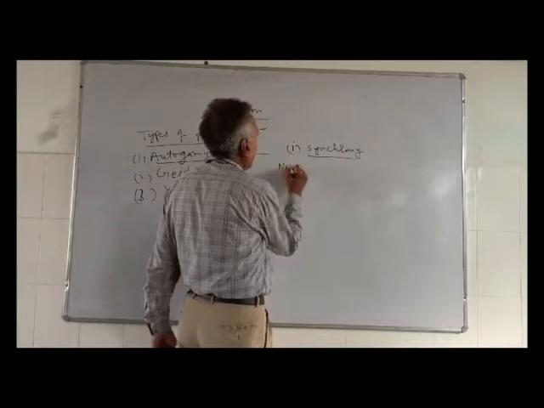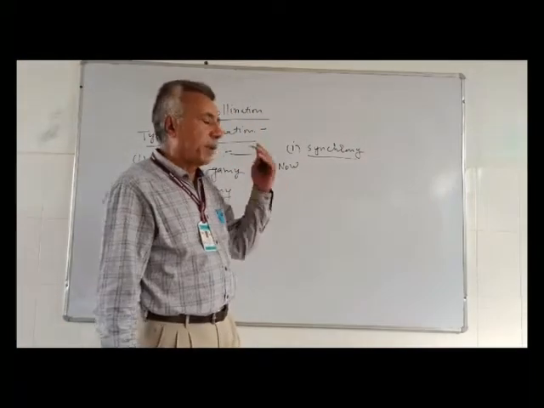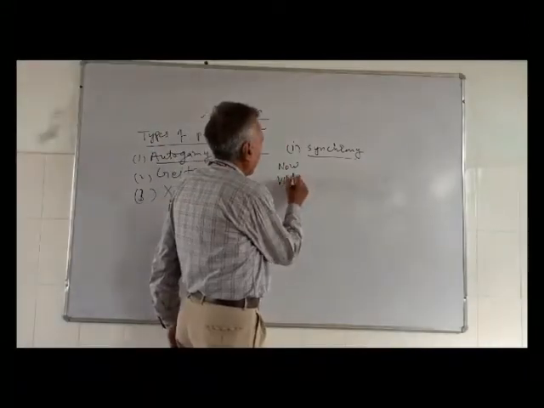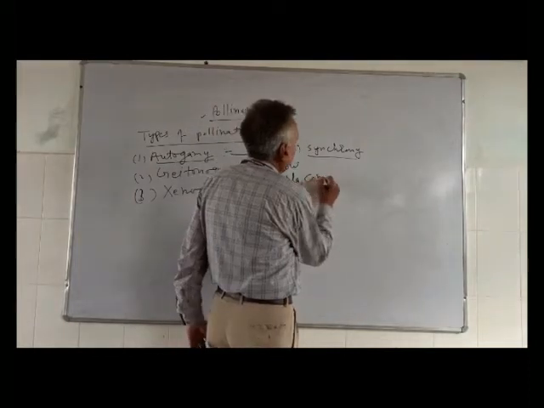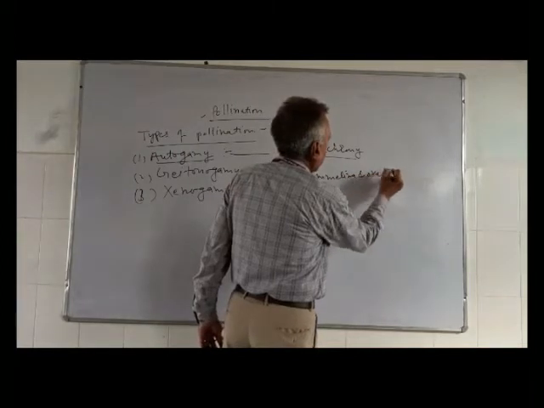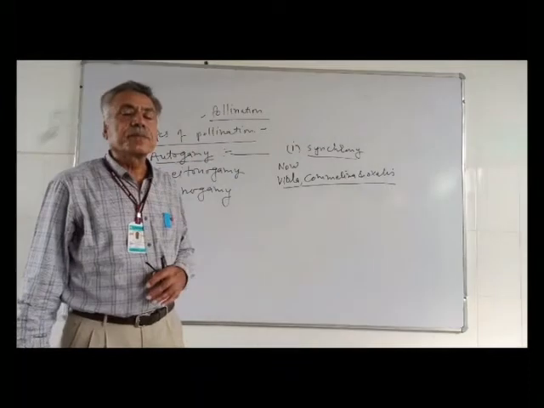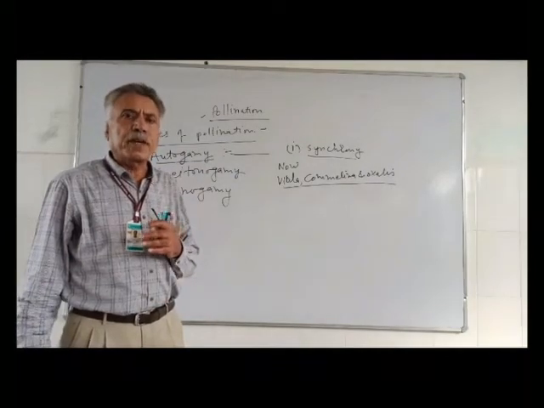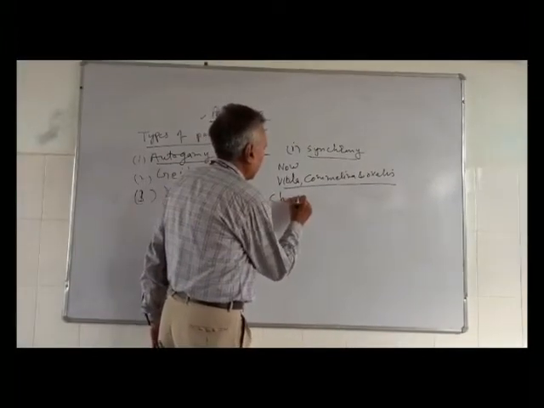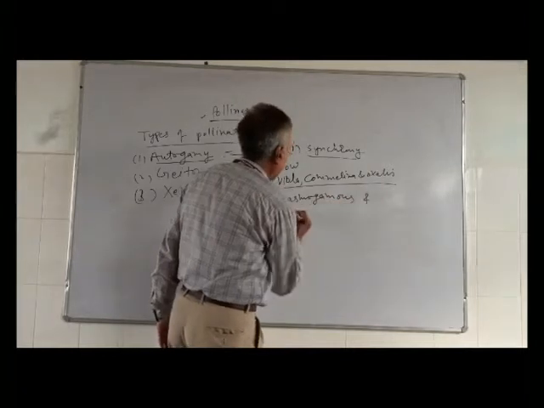Now, I give an interesting example of autogamy. The plants like Viola, Commelina, and Oxalis. In these plant species, two types of flowers are produced: chasmogamous and cleistogamous.